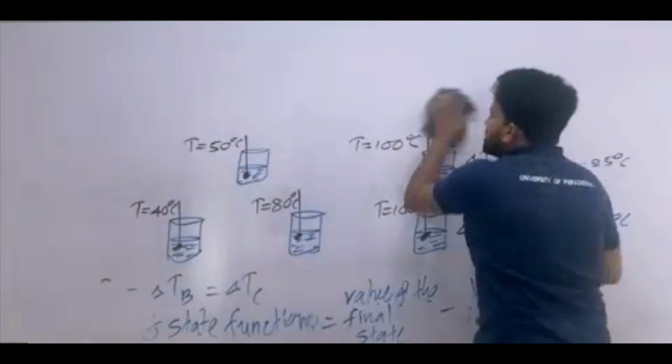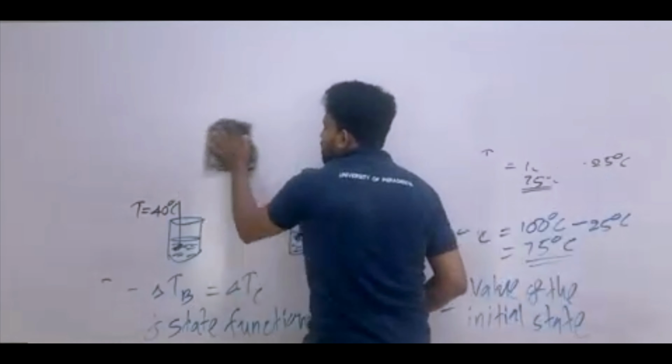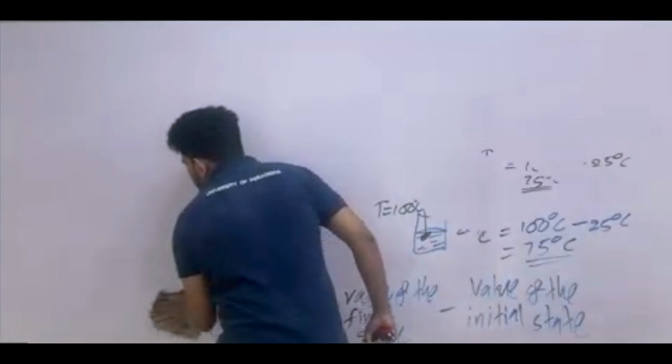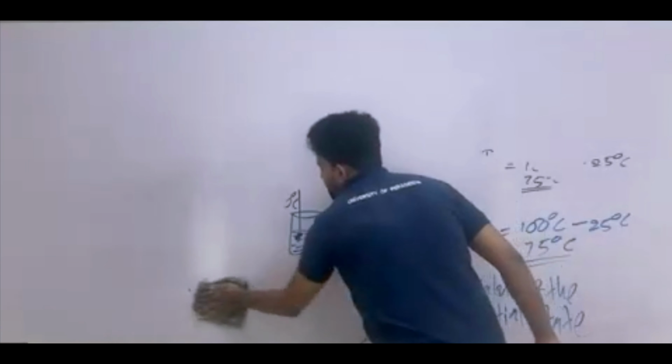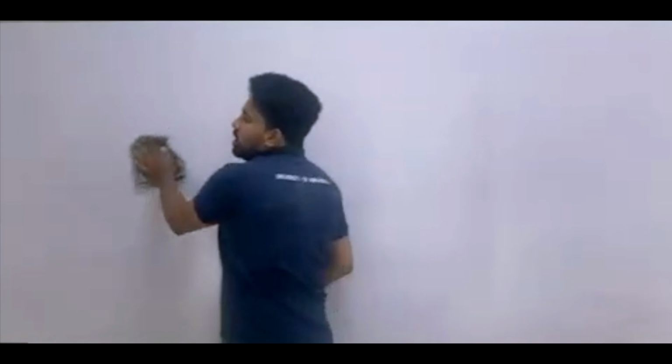Right. So in page number 8, we are going to get more understanding about the state functions. Normally, even if we did not know temperature is a state function, we have used that one.